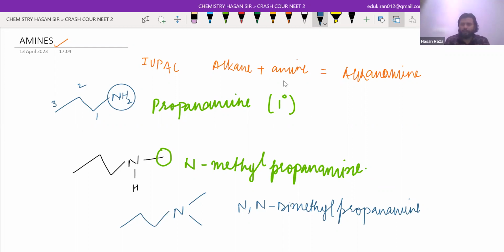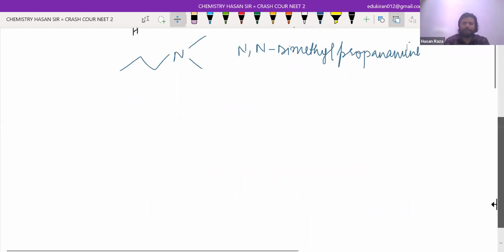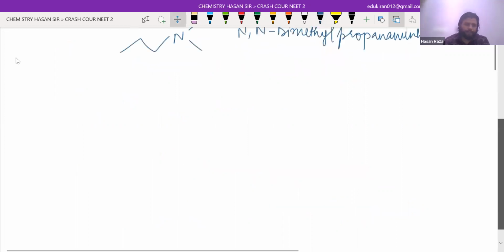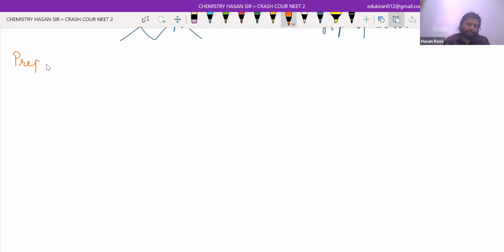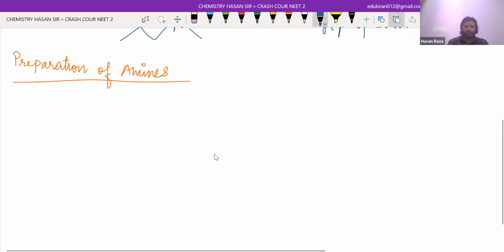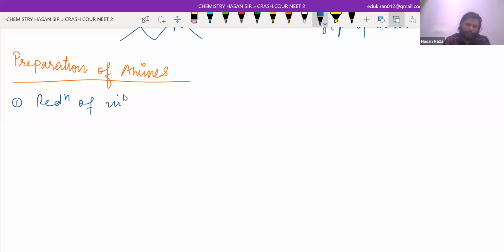Now we are going for preparation of amines. Preparation of amines is from reduction of nitro compounds, NO2.